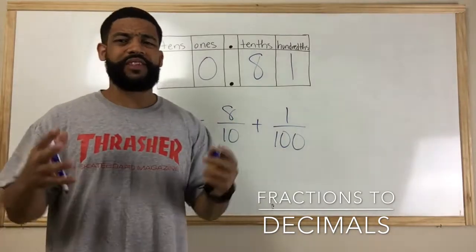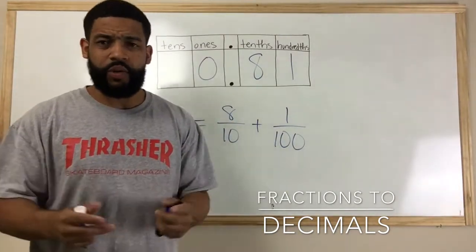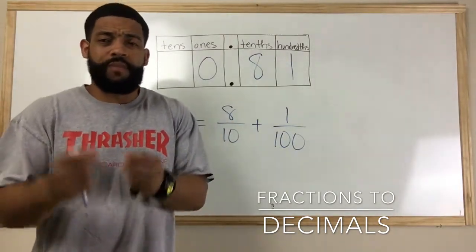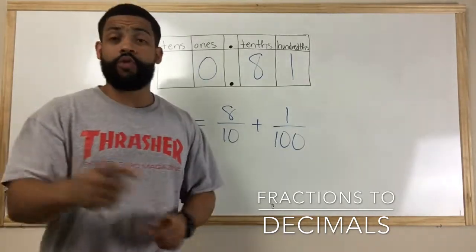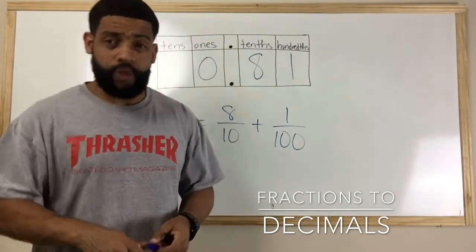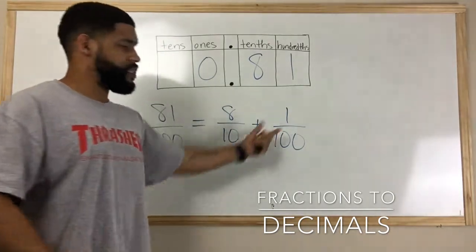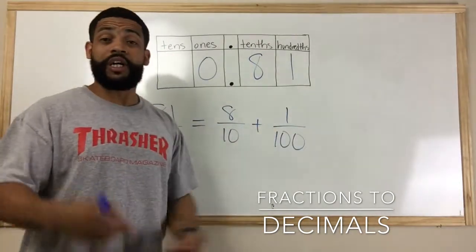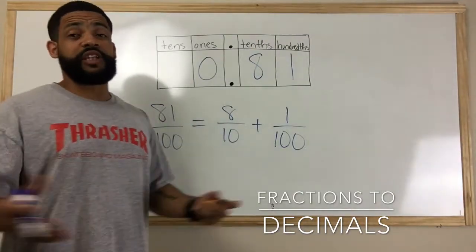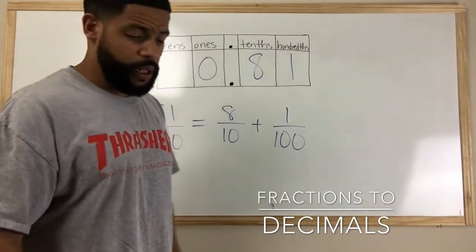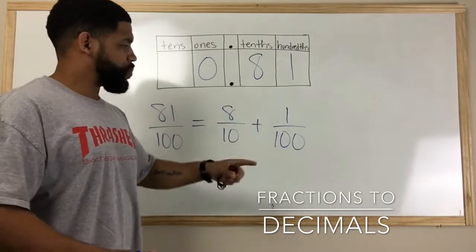Remember, math is all interconnected, and these videos are progressive. They build on the way the Common Core curriculum is structured. This part where you see 8/10 plus 1/100th is from the previous standard they focused on. So this is an expanded form.